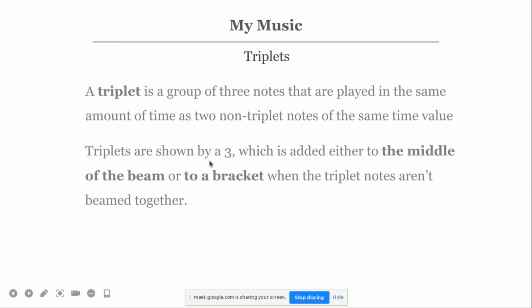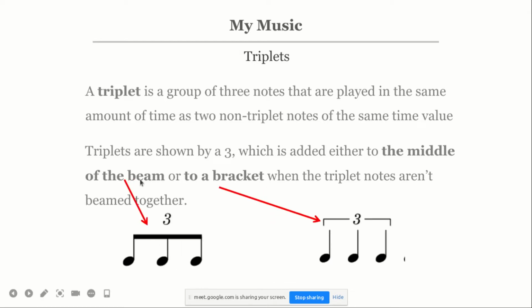So triplets are shown by a sign 3, which is added either to the middle of the beam or to a bracket when the triplet notes aren't beamed together. So this is how triplets look. This is a triplet of 3 quavers, and this is a triplet of 3 crotchets.